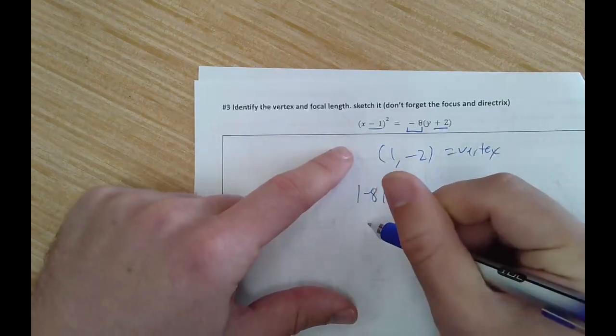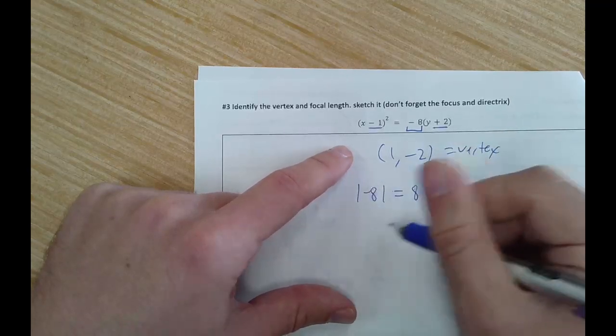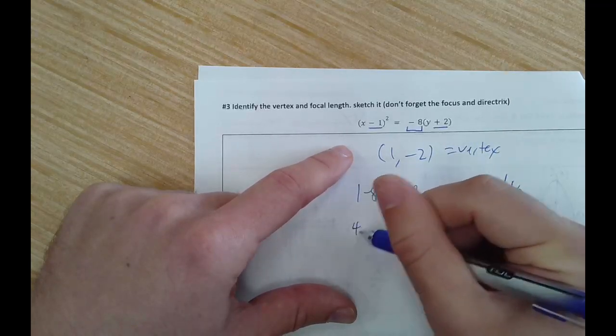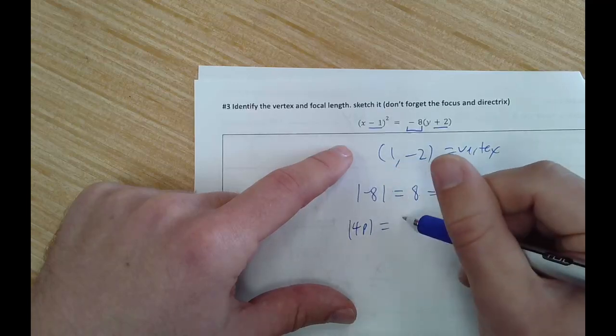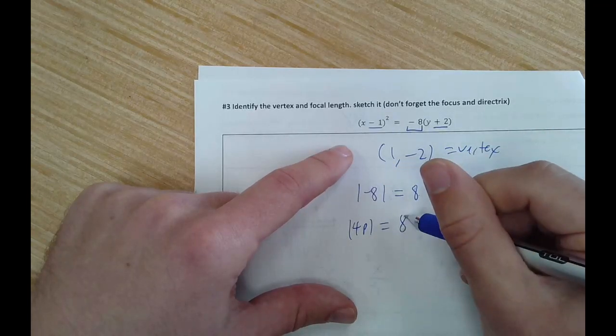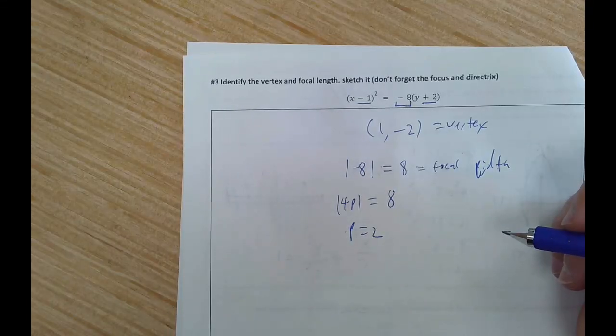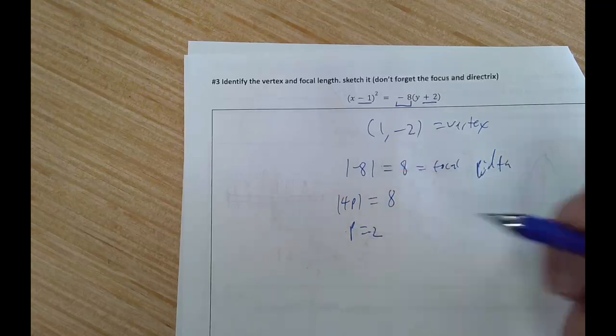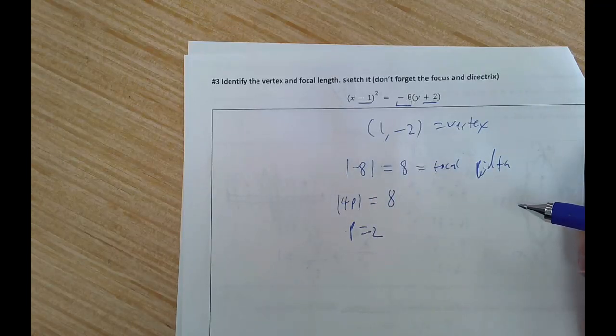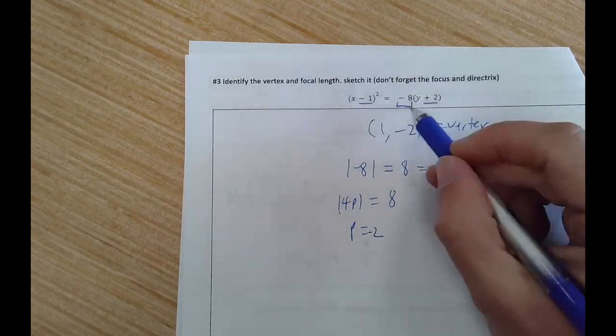And then this value, since the absolute value of 4p equals focal width, that means that p must equal 2. Okay. It's negative 2 in this case, right? Because it's negative here.